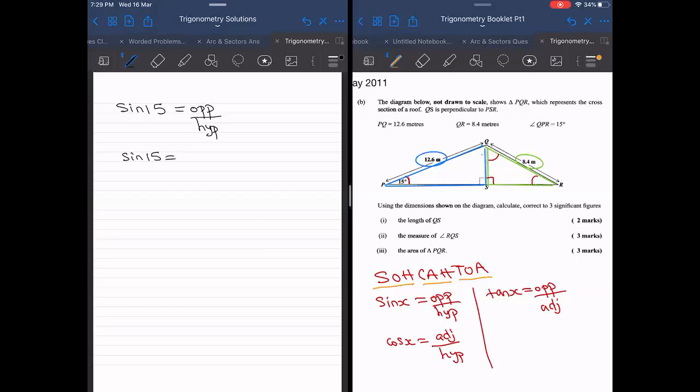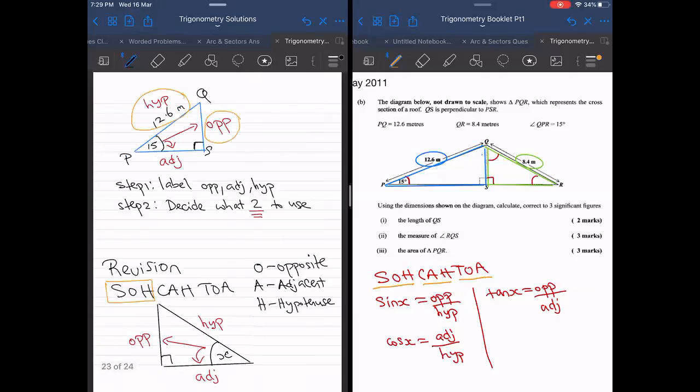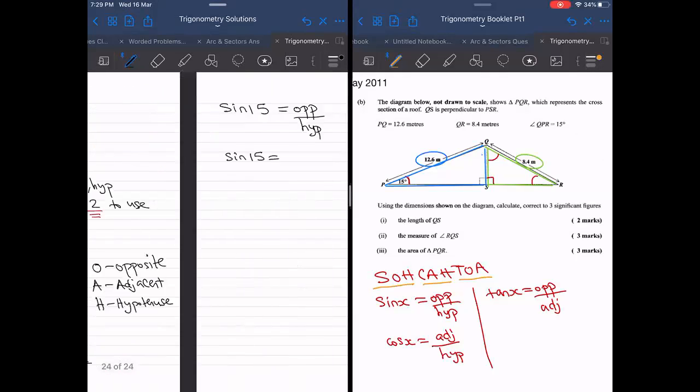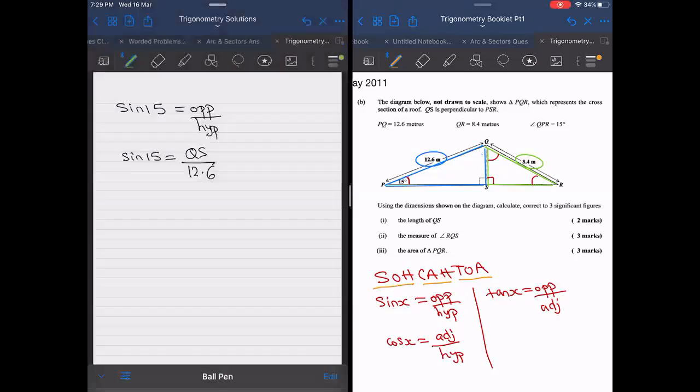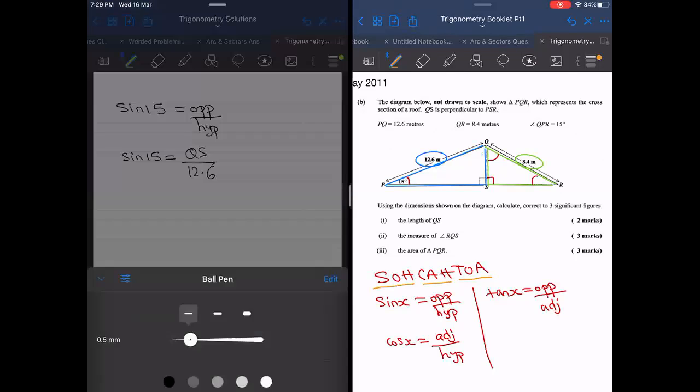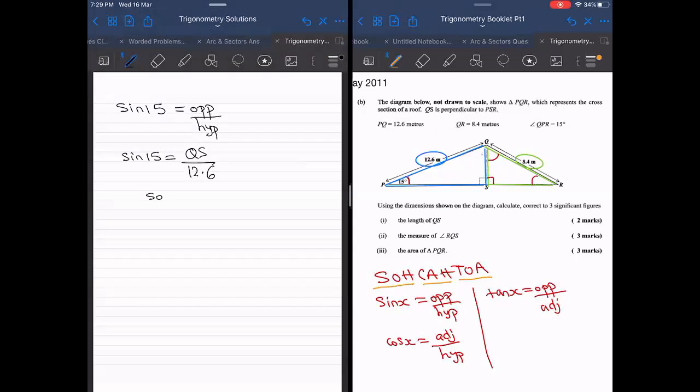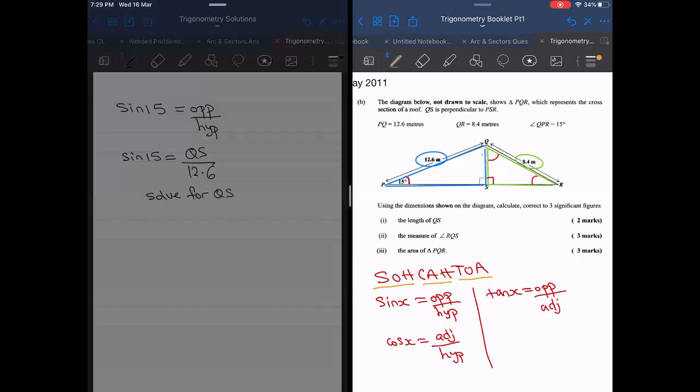So what's the opposite? The opposite is QS, and the hypotenuse is 12.6. So at this point now, you're going to solve for QS.